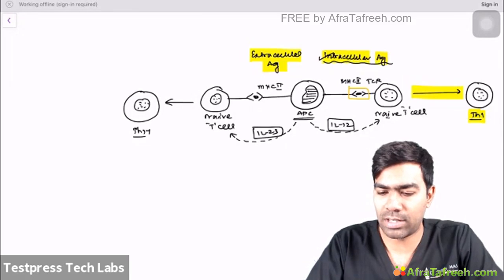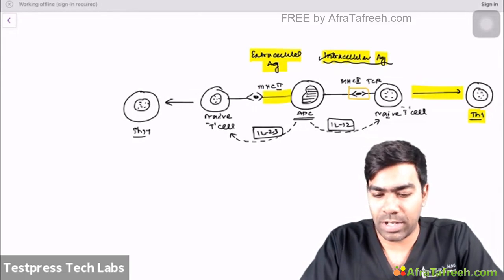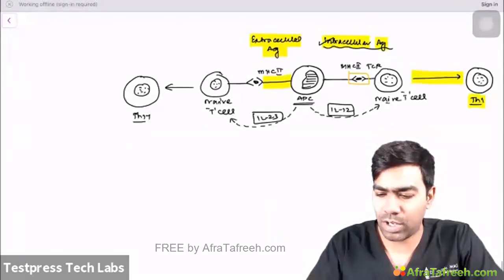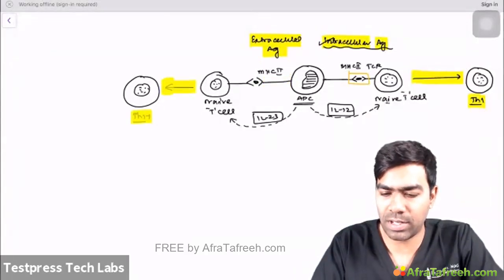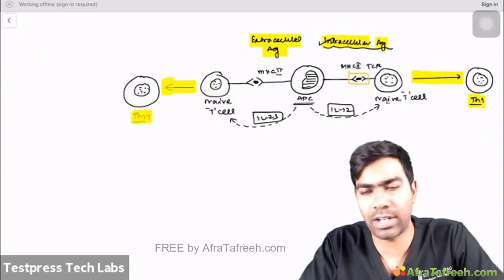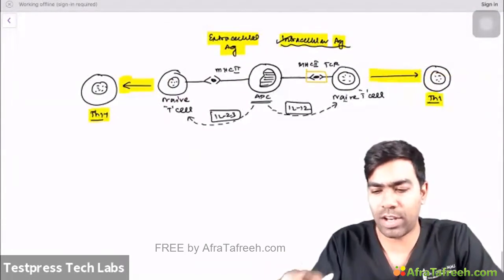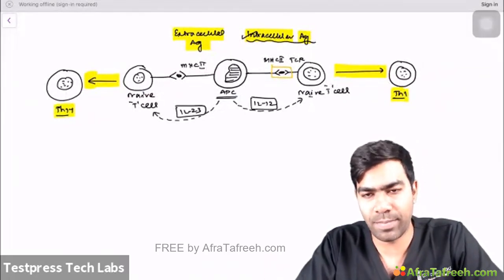Then the stimulation of the naive T cell by interleukin 23 will usually result in the proliferation of the T helper 17 clone, or they will move towards the T helper 17 pathway. This is one way you can regulate what kind of T helper cell response you need.